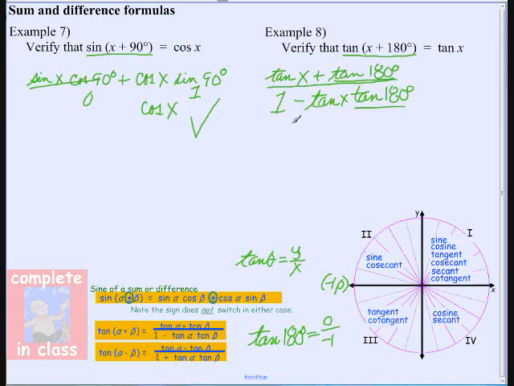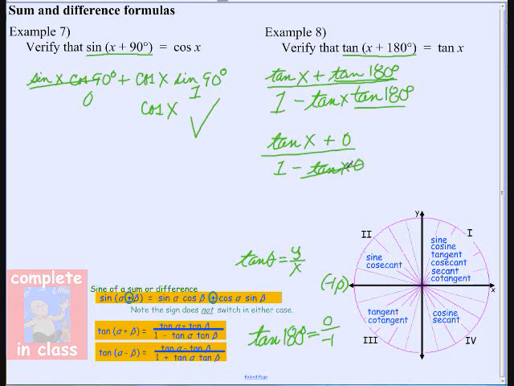So this is going to be tangent x plus 0, and this is going to be 1 minus tangent x times 0.